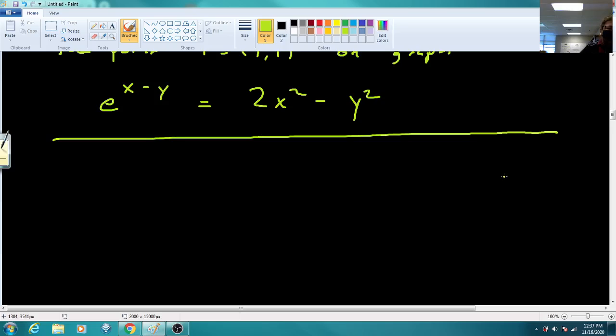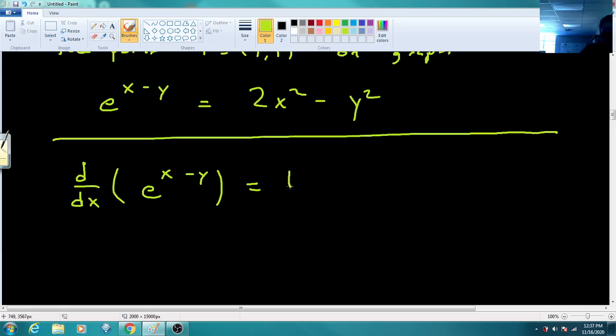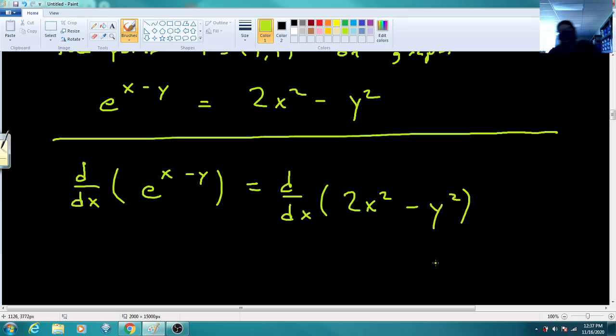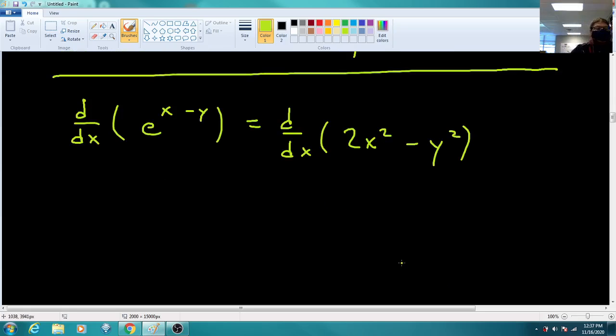We start out by doing d dx of both sides. Since this is an equation in both x's and y's, that's the tip-off that I need to apply d dx and do it implicitly. The chain rule applies here.